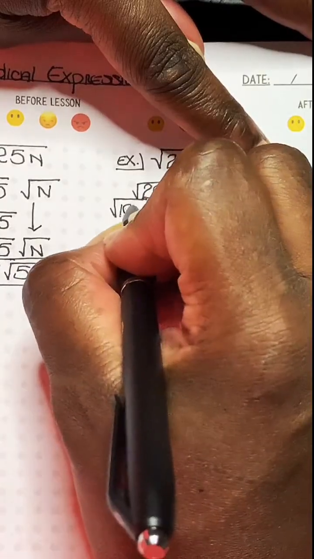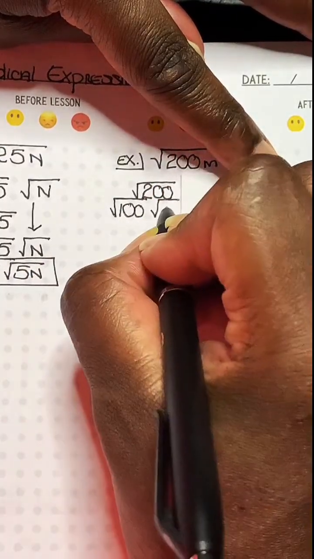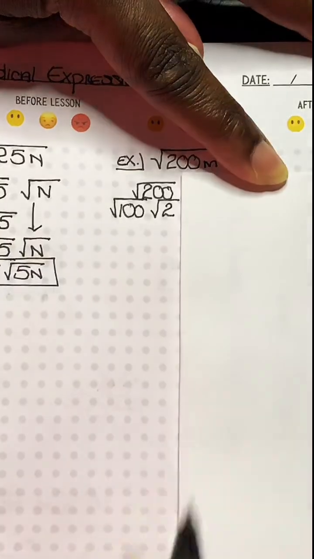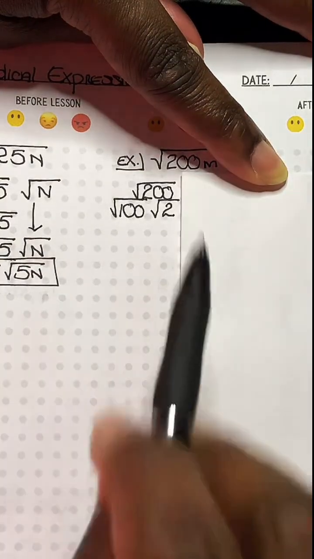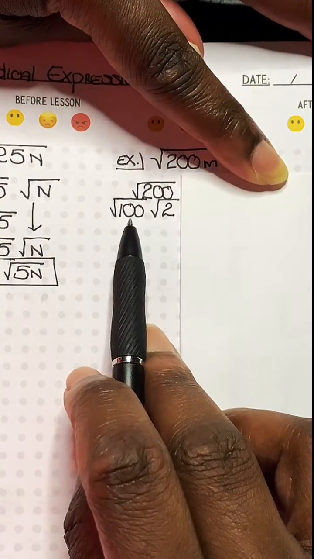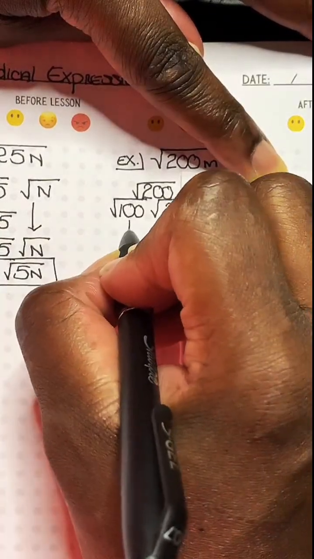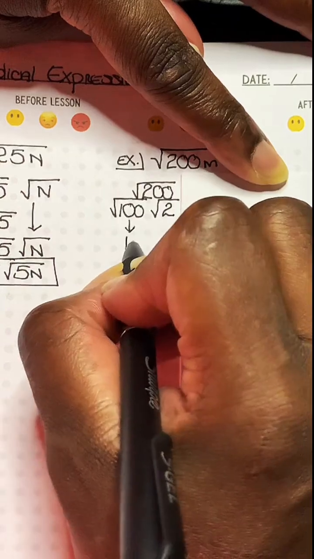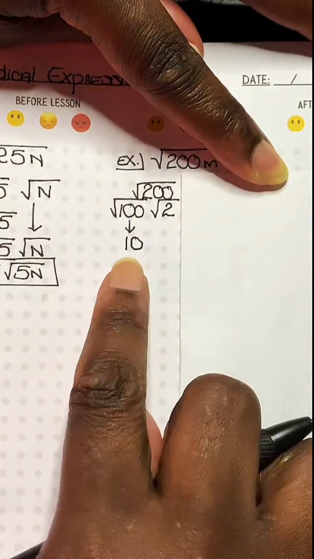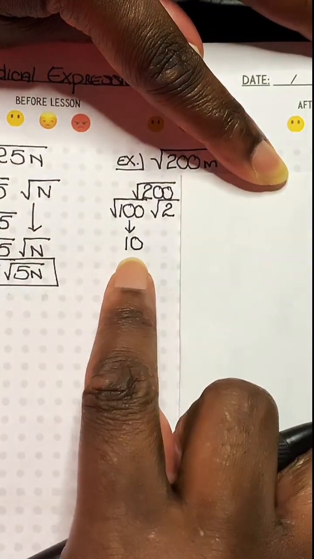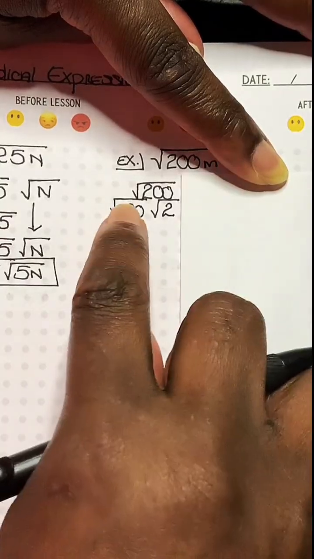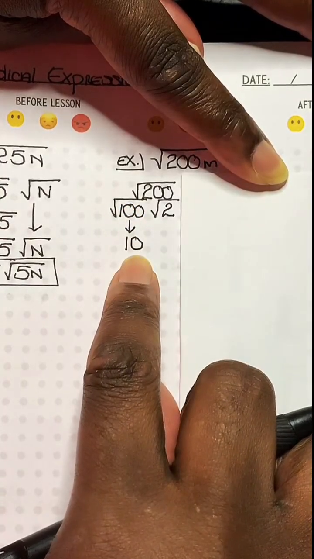So that means we can factor out our 100, and what's left is going to be 2. So I know the square root of 100 is a perfect square root, which gives me a whole number of 10. It's not the square root of 10. Once it's a perfect square, it comes out of the square root.